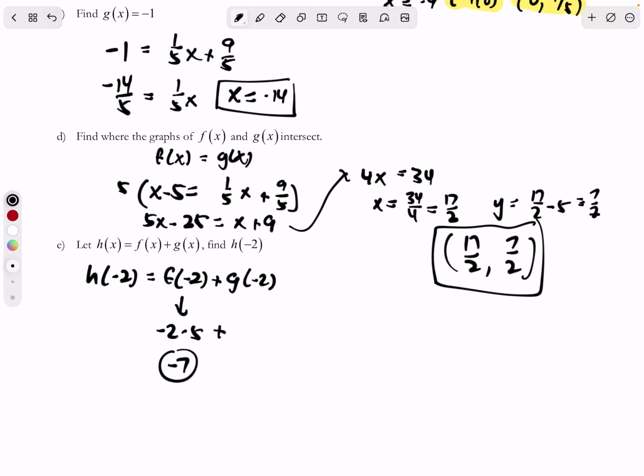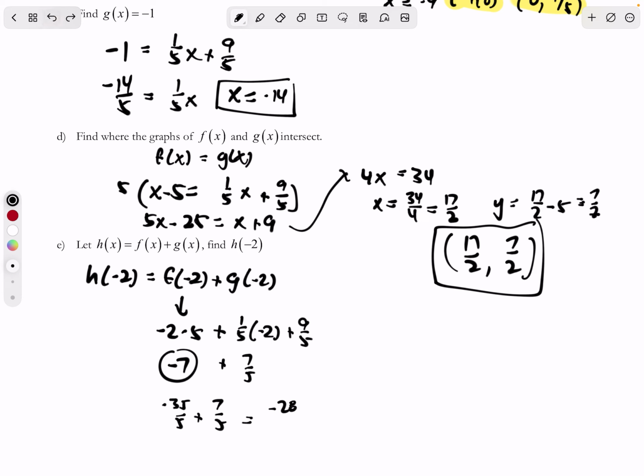Plus, well, g of negative 2 is 1/5 x plus 9/5: negative 2/5 plus 9/5 is 7/5. And altogether, negative 7 is like negative 35 over 5, plus 7/5 should be negative 28/5.